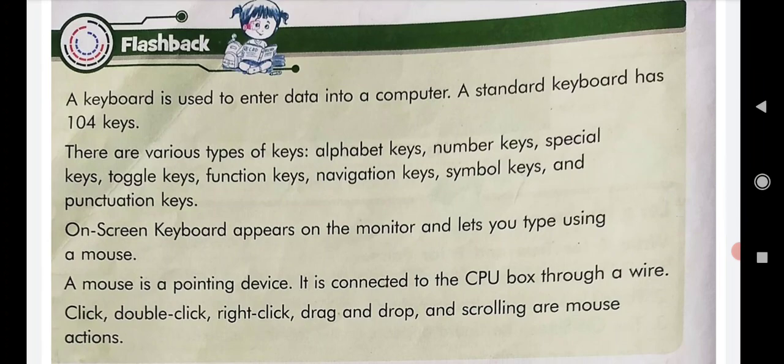The on-screen keyboard appears on the monitor and lets you type using a mouse. It means with the help of the mouse we can type. A mouse is a pointing device, and it is connected to the CPU box through a wire.